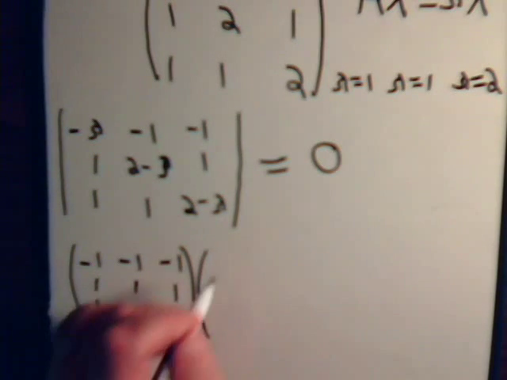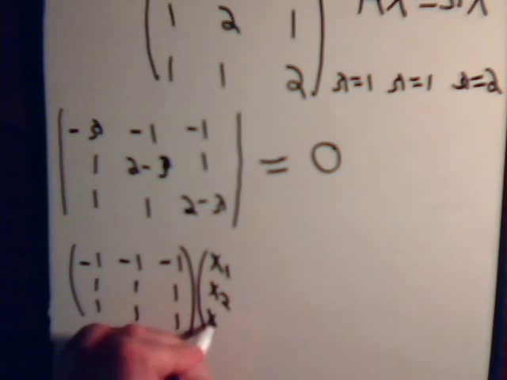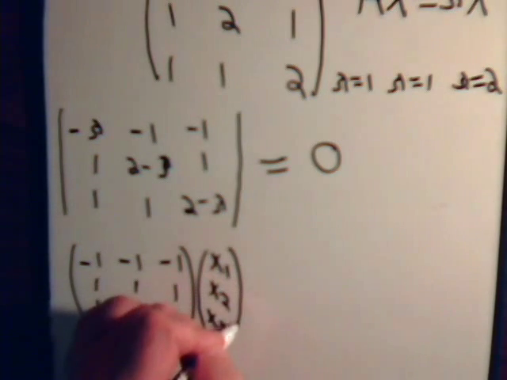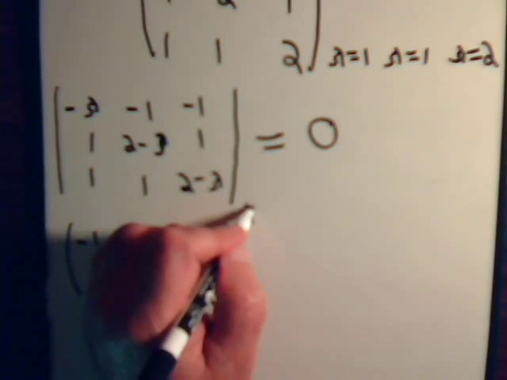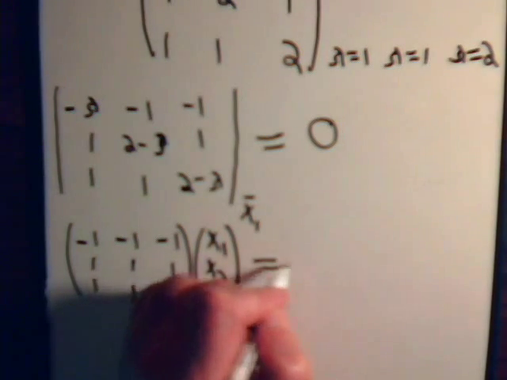And that matrix times these are now the components of the eigenvector associated with lambda equals 1, and this has to equal 0. Remember how that was set up in the previous videos?